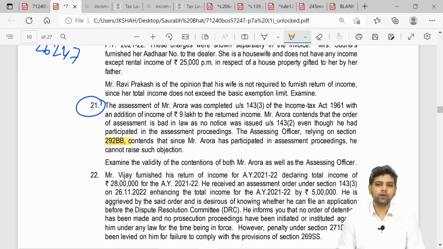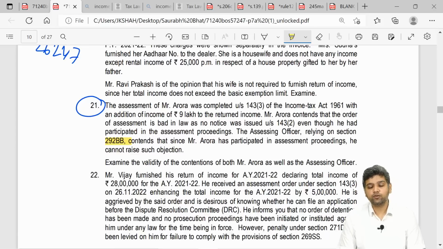So in case the notice is served after that time period, or it is not served in a proper manner, in such case, the entire assessment proceeding shall be void ab initio, null and void, provided the assessee raises objections to that effect. If the assessee does not raise objections to that effect, then as per section 292BB, the assessee would be precluded from taking a stand that assessment proceedings are null and void at an appellate stage.